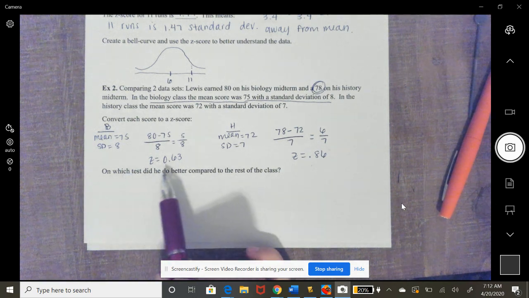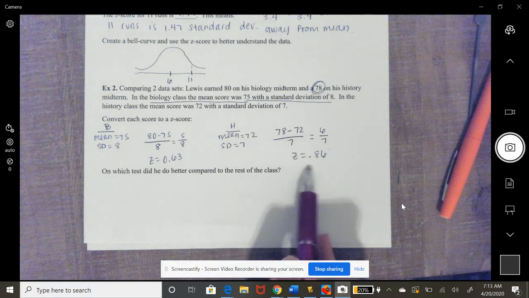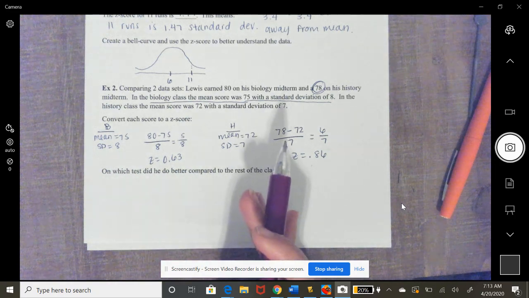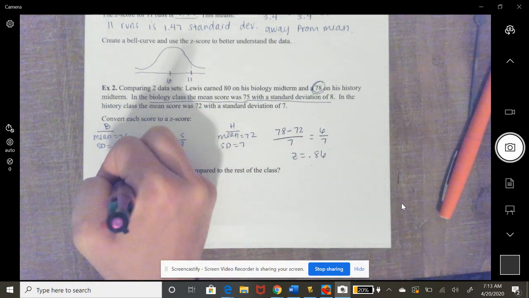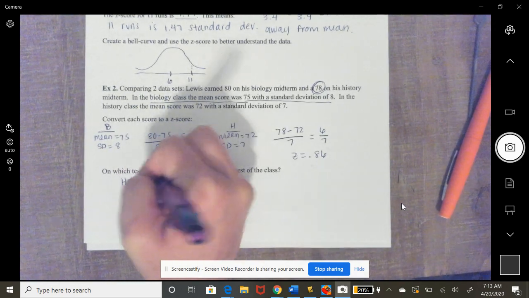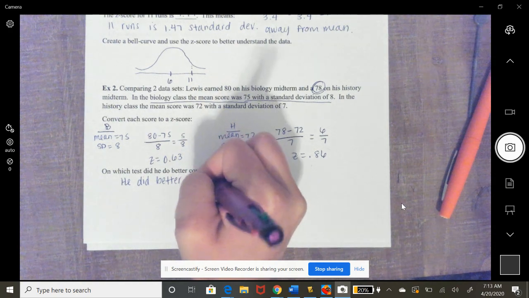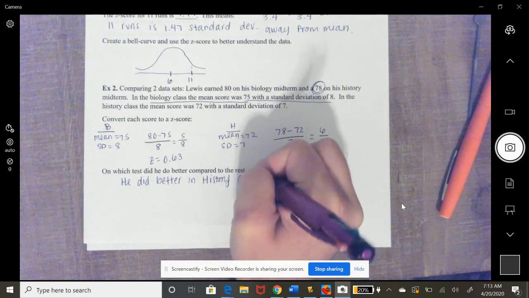So it says, on which test did he do better compared to the rest of the class? Since this one has a larger z-score, he's further away from the mean, more standard deviations away from the mean. So he actually did better in history compared to the rest of the class.